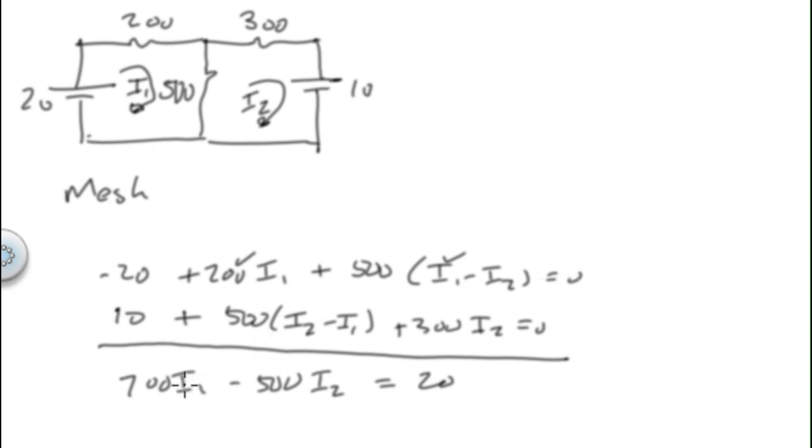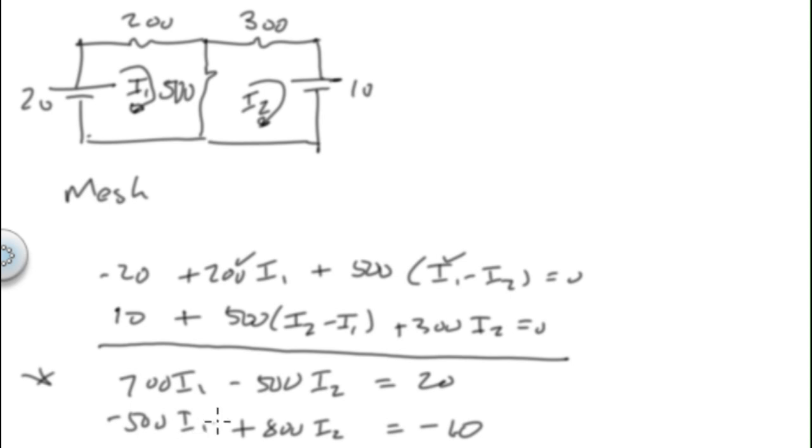Now for the I2 loop, I have minus 500 I1, again that's your cross diagonal, plus 800 I2 equals minus 10. And those are my two equations in standard form, and that would be all I would ask.